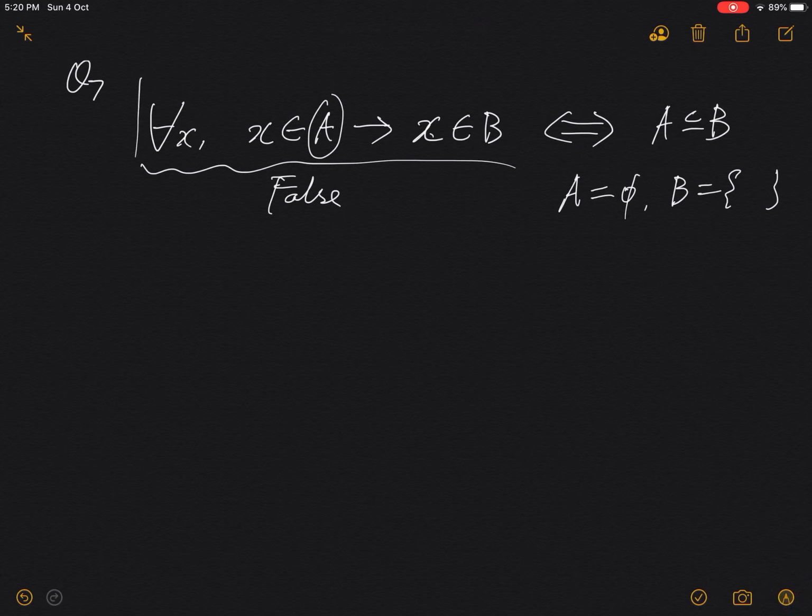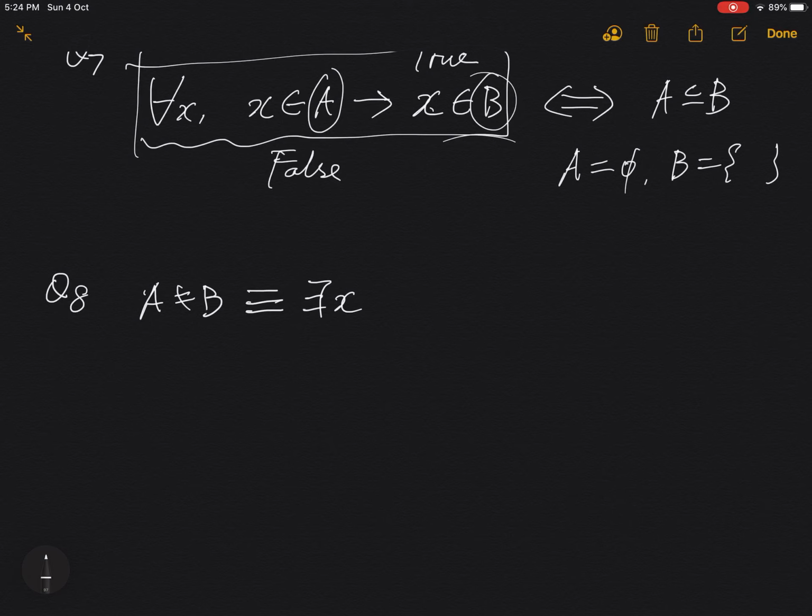So the whole conditional statement is always true. This means we don't care whether B is empty or not, since this conditional statement is always true. So the empty set is a subset of any set.